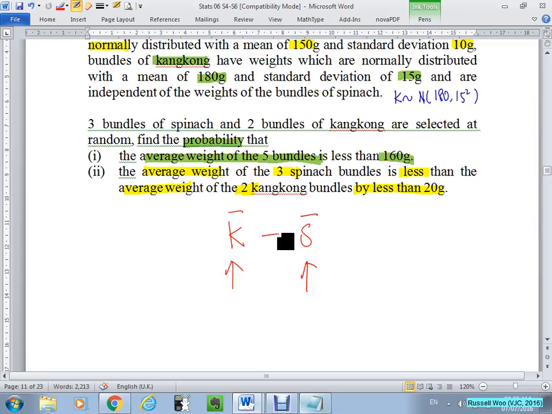You want kangkong to be more than S by less than 20. So actually it's this. You want this to be less than 20. So we learn this mathematical statement formation. Then after that it's very simple. After that it's just calculation. Make sense? So we move on again.